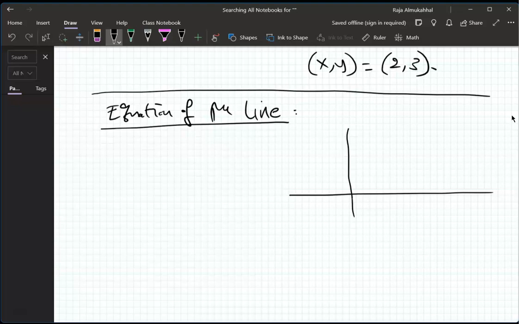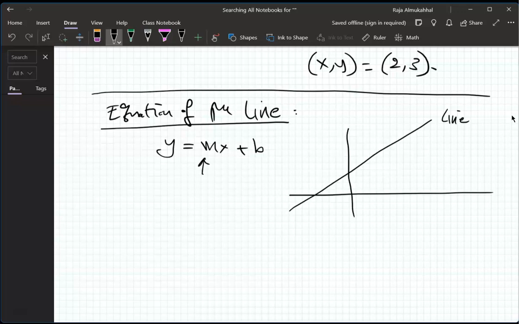And let's say I have a line like this. The general equation of the line, the one that you are familiar with, is y equals mx plus b. I'm sure you've seen it a million times.